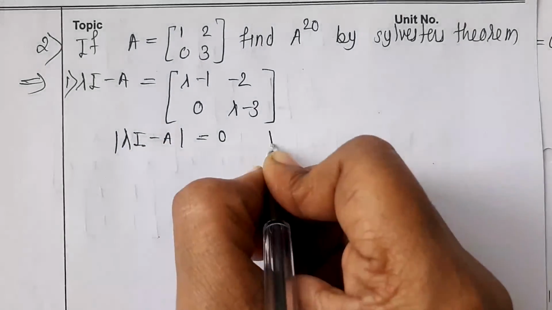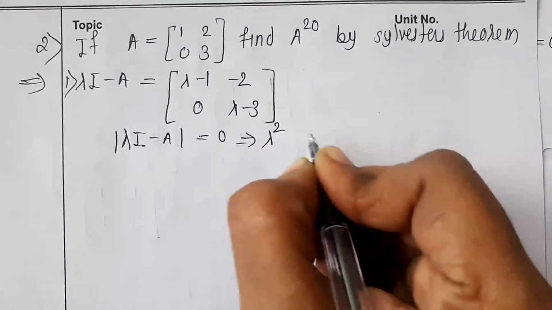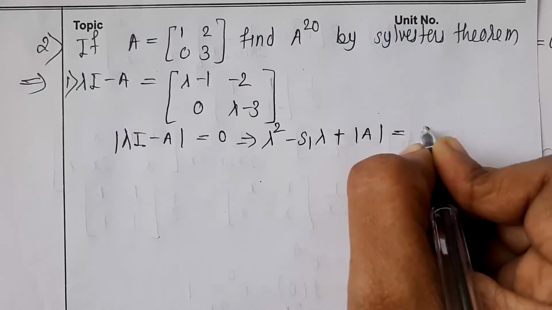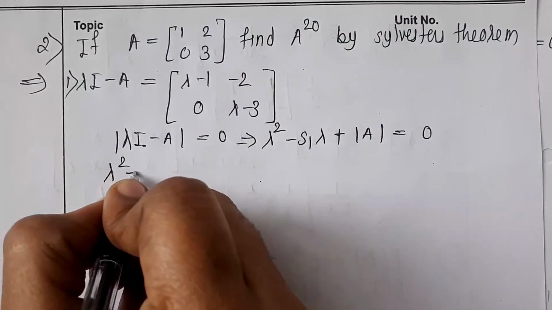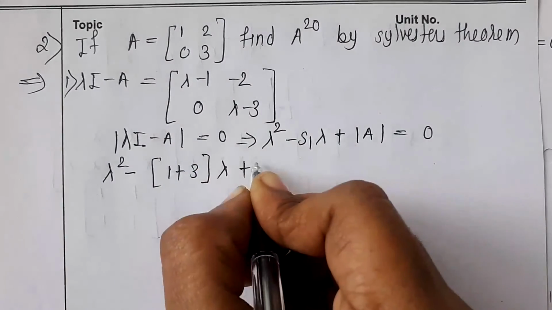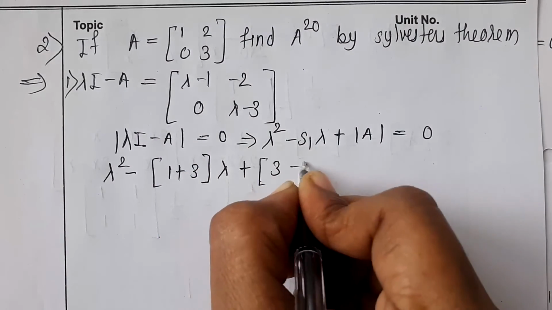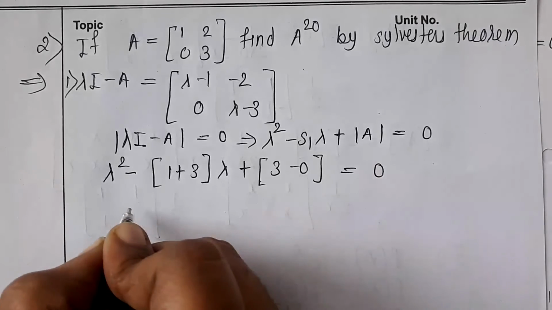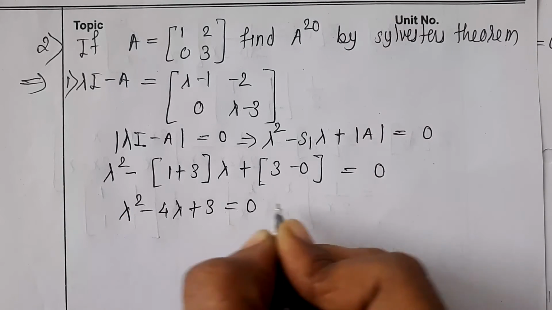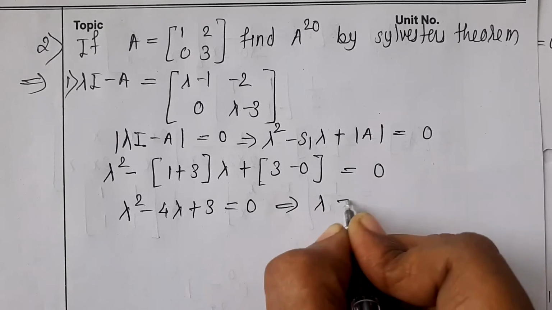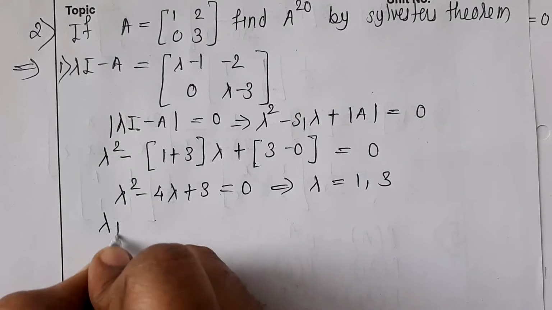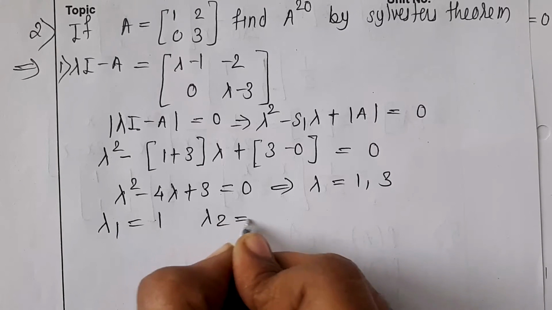So this is lambda square minus S1 lambda plus determinant of A is equal to 0. Lambda square minus S1, the sum of diagonal elements, plus determinant of A, which is 3 minus 0, is equal to 0. So lambda square minus 4 lambda plus 3 is equal to 0. What are the roots? Roots are lambda equal to 1 and 3. Next, lambda 1 is equal to 1 and lambda 2 is equal to 3.